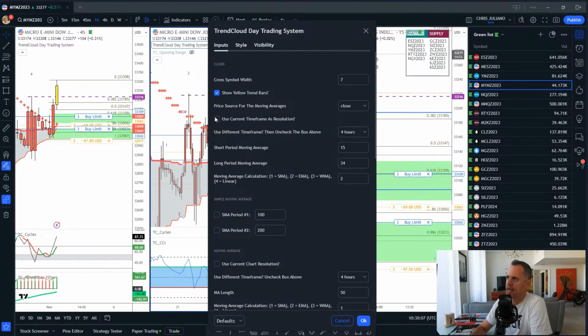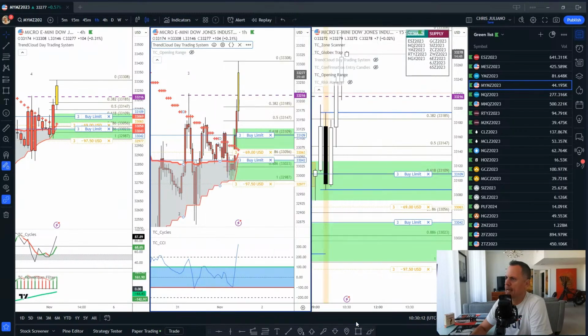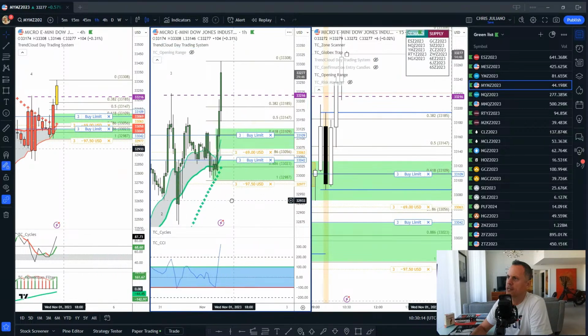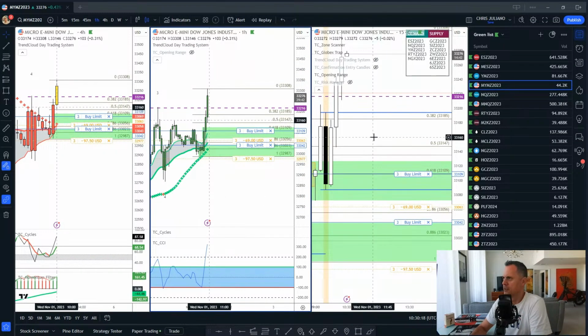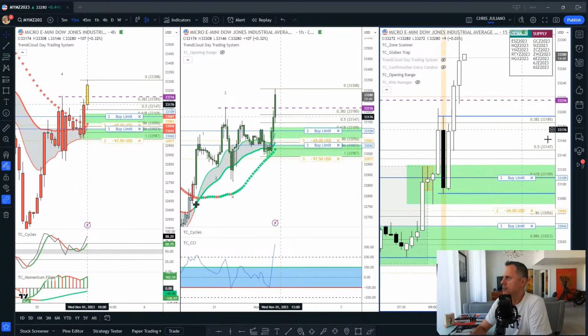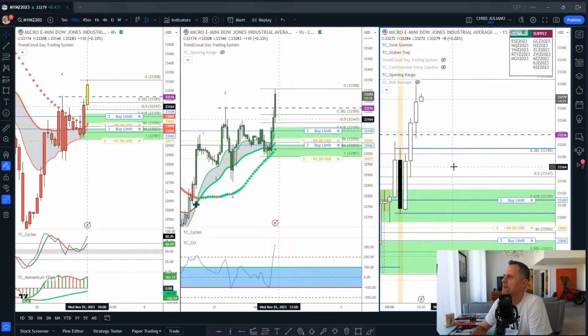Let's go back to the 1 hour. Go back to the 1 hour trend cloud. Nice break above, man. Nice break above. And is this going to be one of those days where it just breaks out and just keeps going? Maybe.